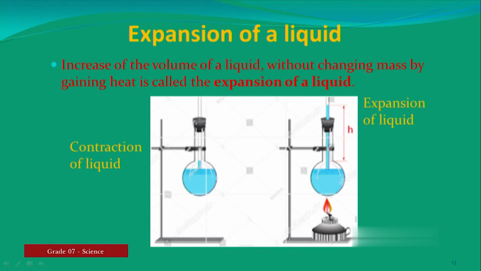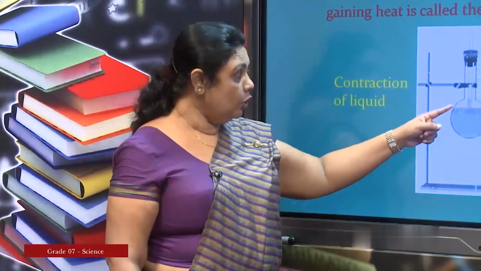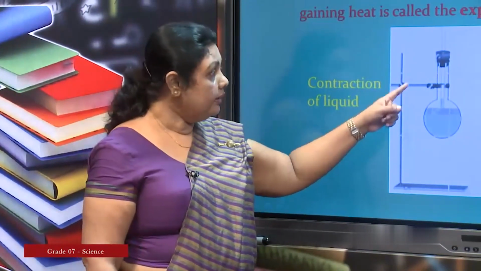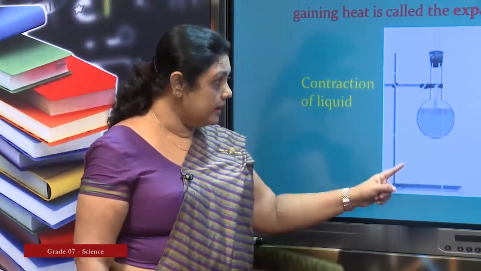So, what we do in this setup is, we don't cool this, we heat this, and you can keep this spirit lamp under the volumetric flask. You can see the volumetric flask here, with the thermometer and the stand.